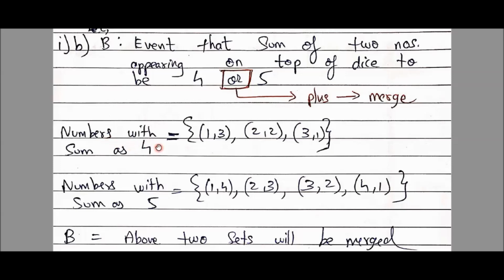First I'll jot down those elements whose addition gives 4 when I roll 2 dice. Whenever I get 4, I'll mention it here. So, numbers with sum as 4. Students, once again I'll explain where we have 4. See on the screen. So here we have our screen.